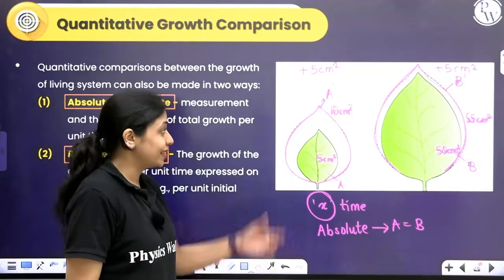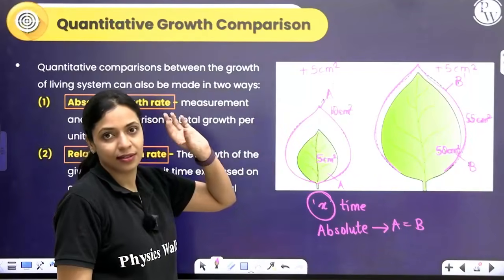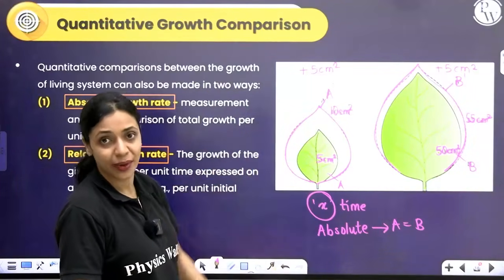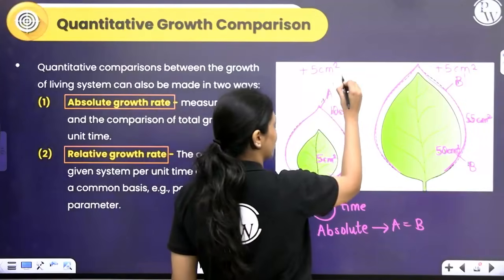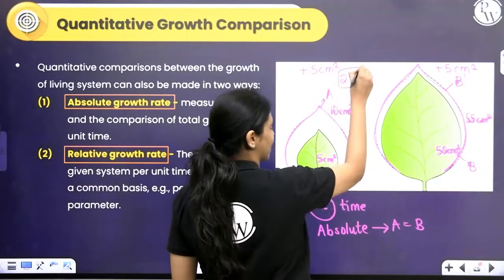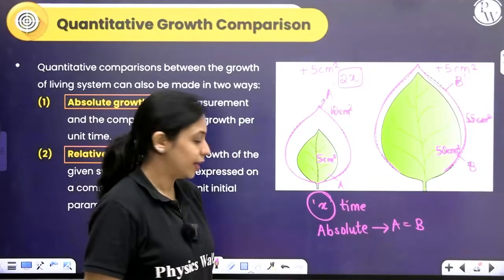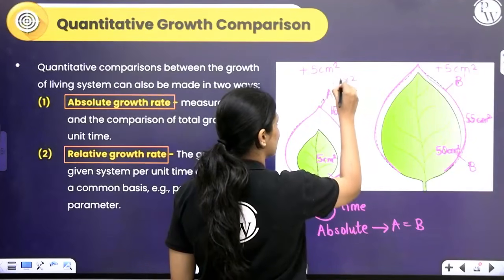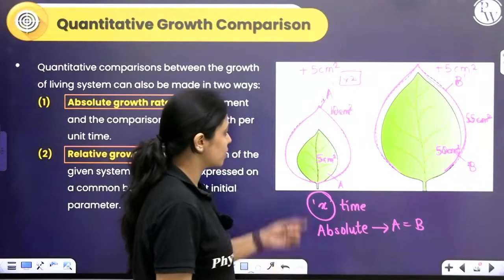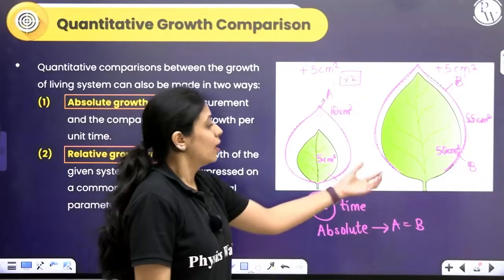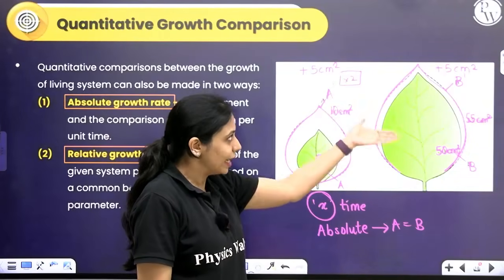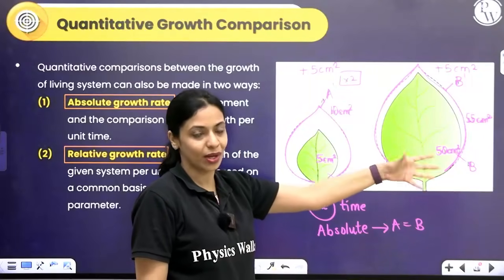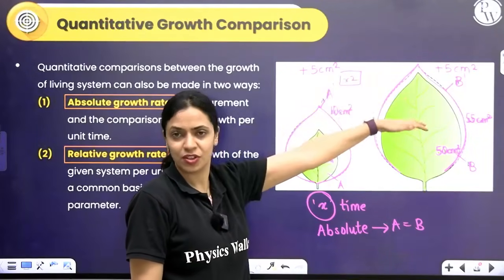If you compare that with the initial size, initially it was 5, right now it is 10. So over here you can see that the surface area has doubled. Let me write it as into 2. But over here, if it increased at the same rate, you should have seen 50 centimeter square becoming 100 centimeter square, which is not the case.